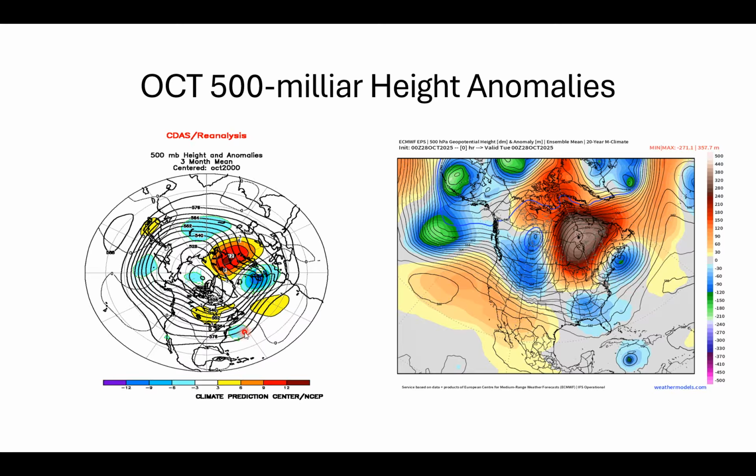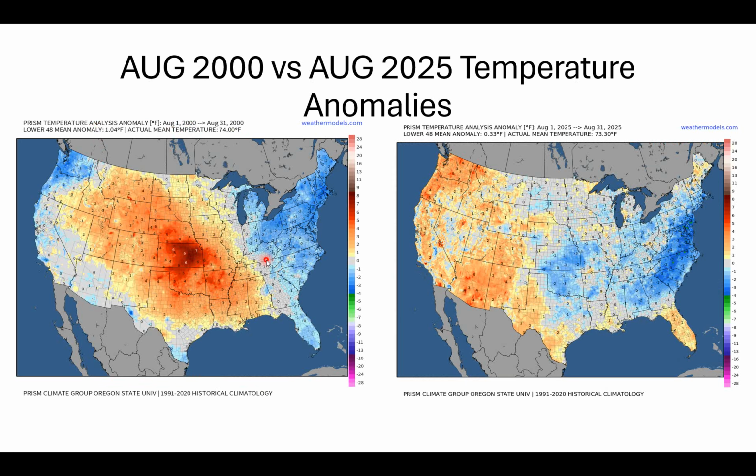We look at the August 2000 versus August 2025 temp anomalies. Okay, oranges indicate above normal temperatures, blue below normal temperatures. So this was August of 2000 on the left, showing below normal temperatures in the Pacific Northwest, below normal temperatures into the mid-Atlantic, up towards New England, and then there were above normal temperatures across Kansas.